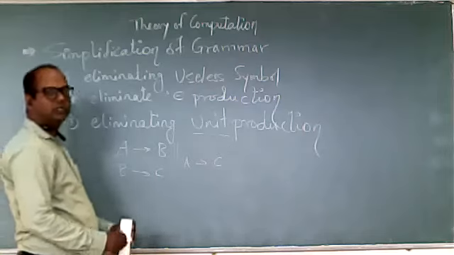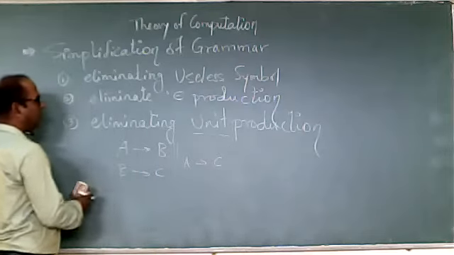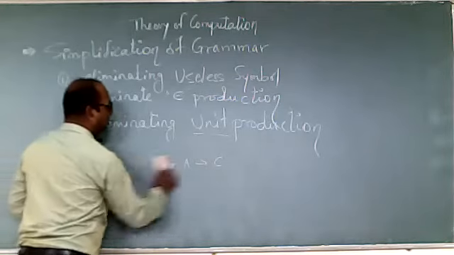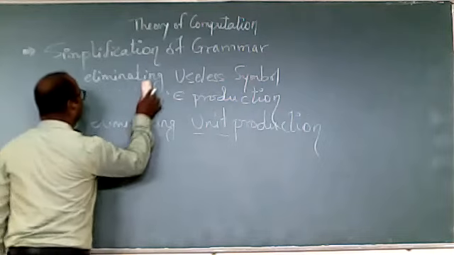When we solve some problems based on unit productions, it will be much clearer. So these are the three ways of simplification of grammar.